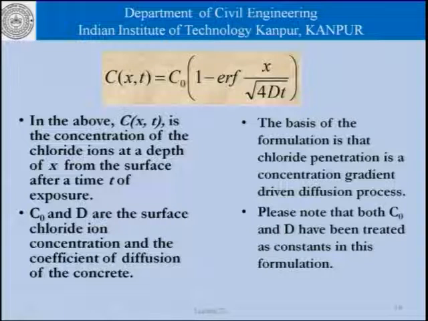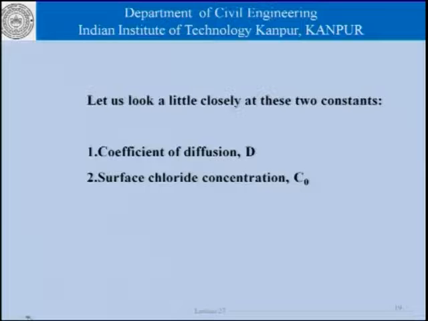Now, we must remember that the basis of the formulation of this equation is the fact that the concentration gradient diffusion process governs, and that C0 and D are constants over time for one and at different locations of the concrete structure for another. These assumptions are very fundamental in nature and have implications which an engineer must understand. So, for the time being we will leave it be at that.